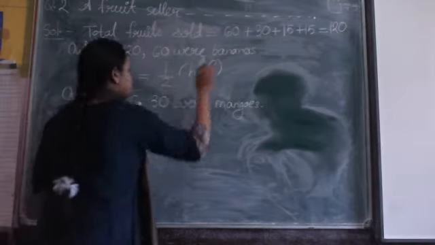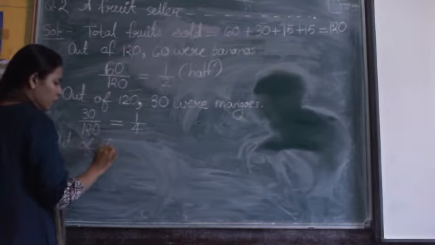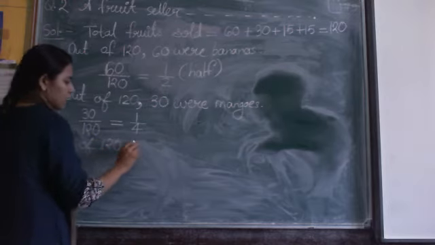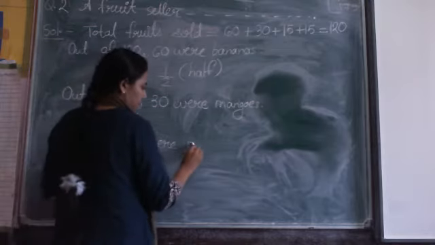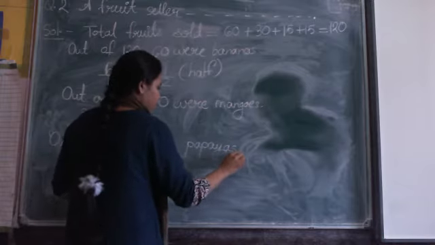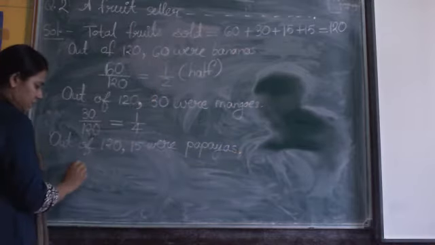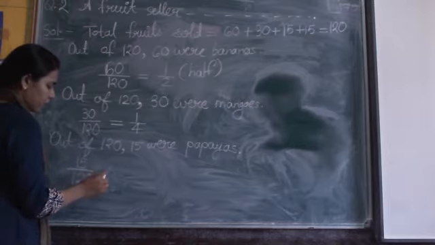Now the next number is 15. So out of 120 fruits, 15 were papayas. Right? So I should write 15 upon 120.